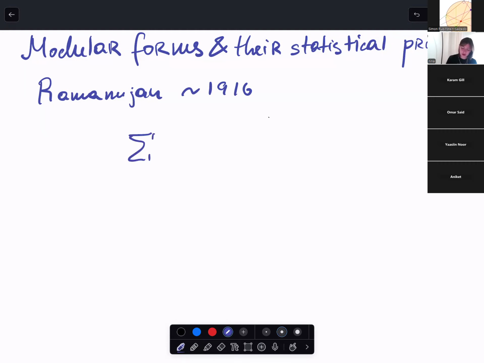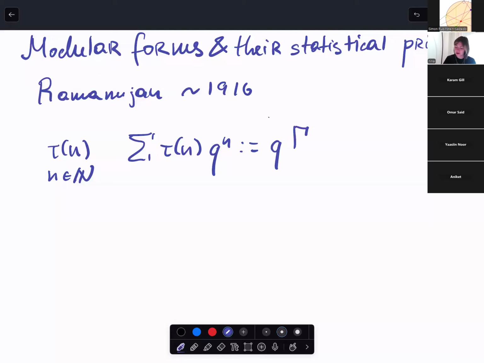So we define tau of n for n in the natural numbers the following way. Consider the identity: the sum of tau of n times q to the n, where q is just some variable, is defined to be equal to q times the product over m greater or equal to 1 of (1 minus q to the m) to the power 24.